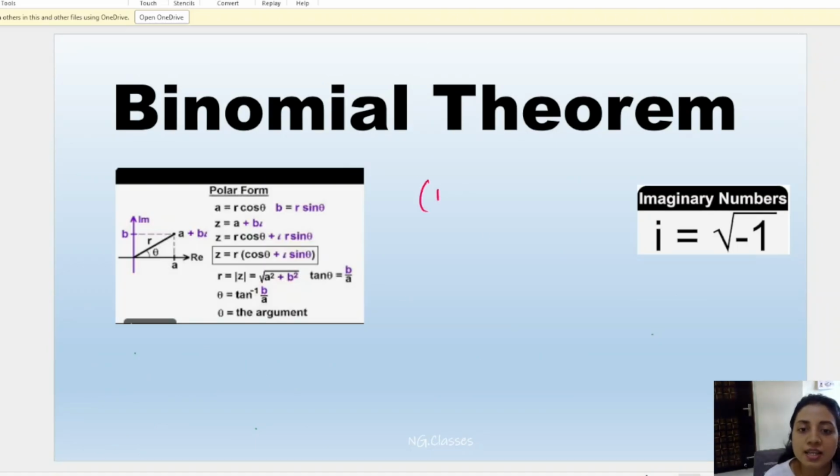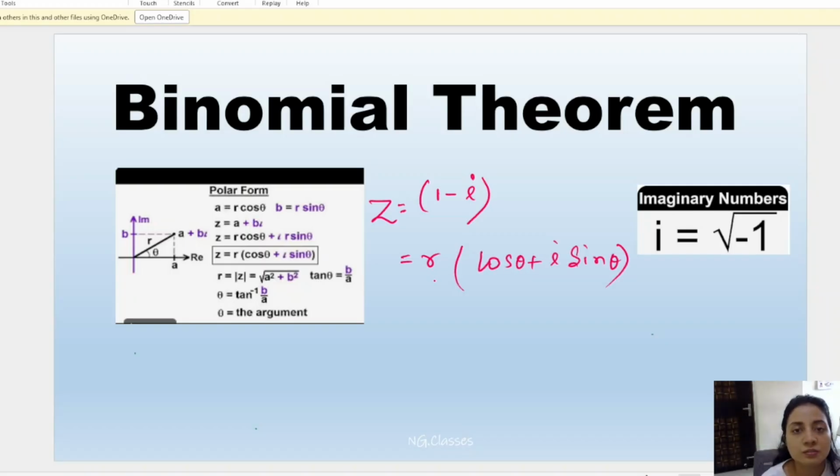So 1 - i can be written, as we know, if z is a complex number, that is 1 - i, z can be written as r(cos theta + i sin theta), where r is the modulus, that means under root a squared, that means 1 squared, plus b squared, that means (-1) squared.